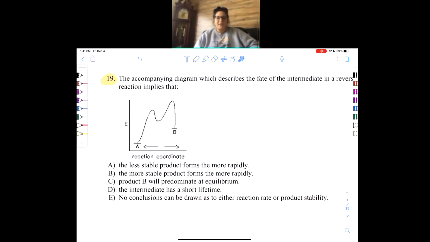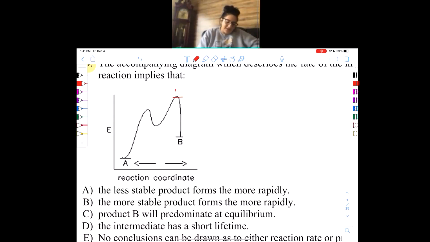Ooh, one of these reaction coordination diagrams. So this is our activation energy. This is our potential energy. The one with the lowest potential energy is the what product? Thermo.